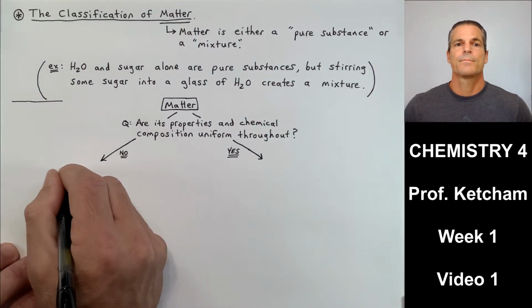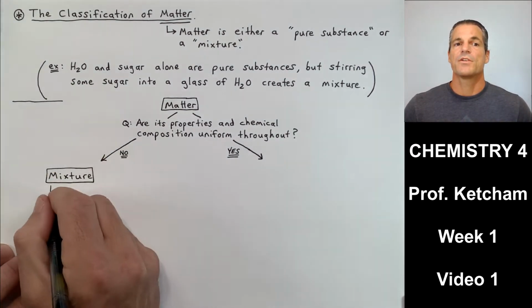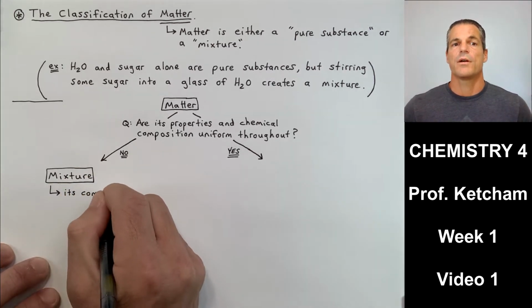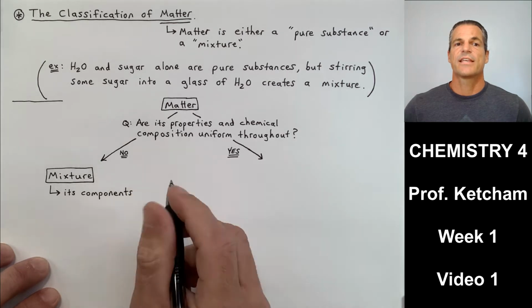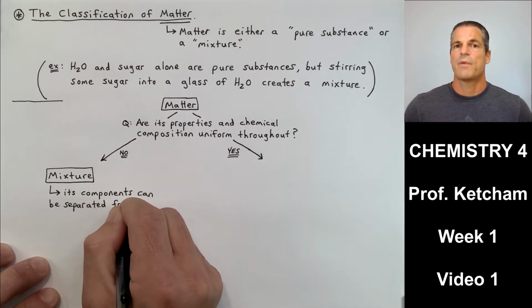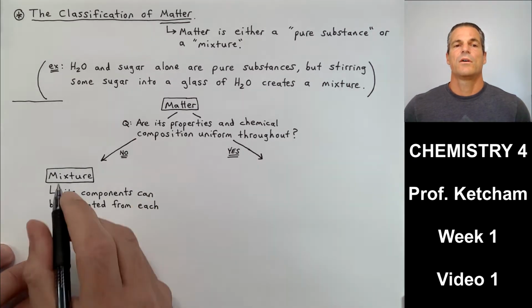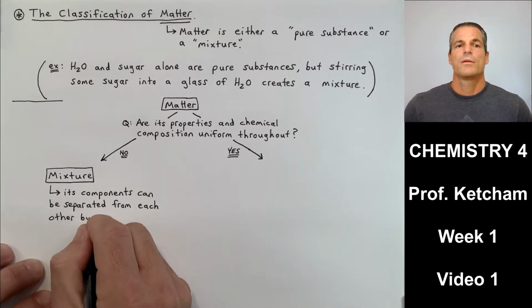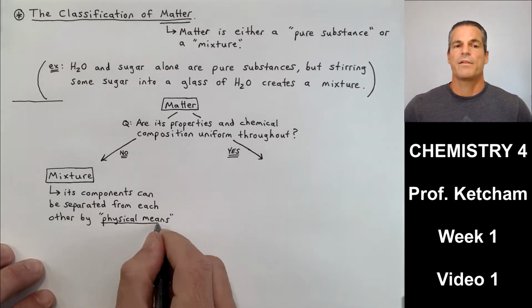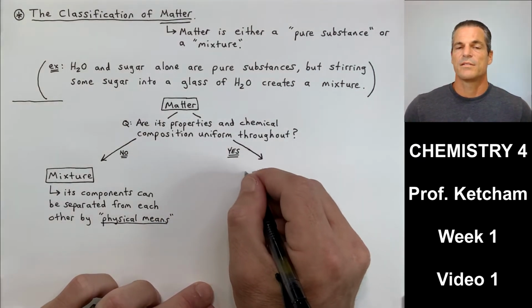Then under our mixture on the flow chart, we write a little blurb. It says its components can be separated from each other by physical means.